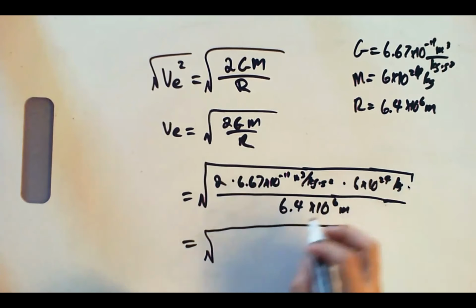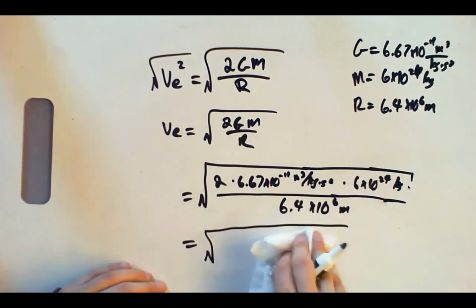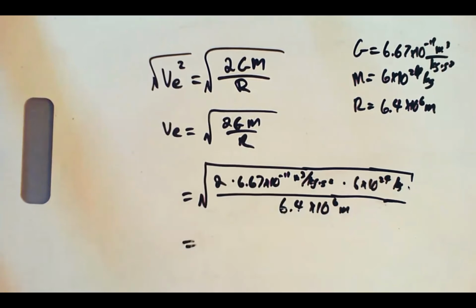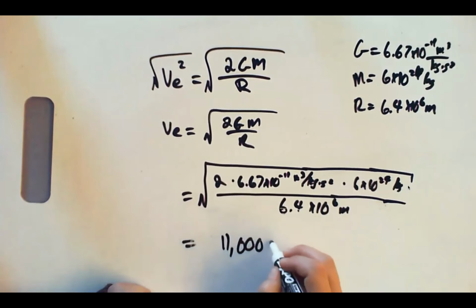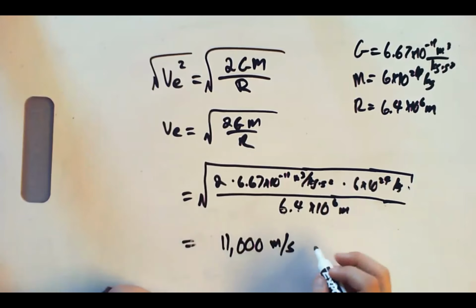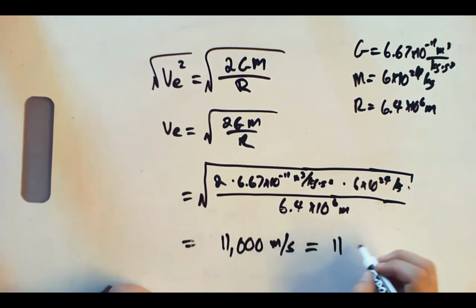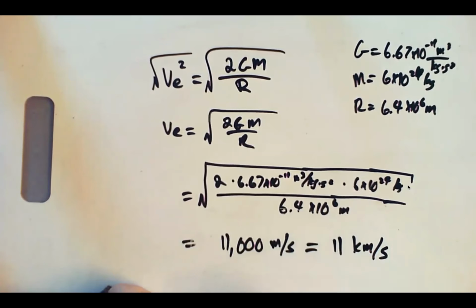Plug these all in, and you get, without the square root, and then do the square root, I think you'll get a number that is, oh, that is right, 10 to the 4, 11,000 meters per second. I think there's an error in my notes here. 11,000 meters per second is our 10 to the 4, and I think that's right. This gives you 11 kilometers per second.